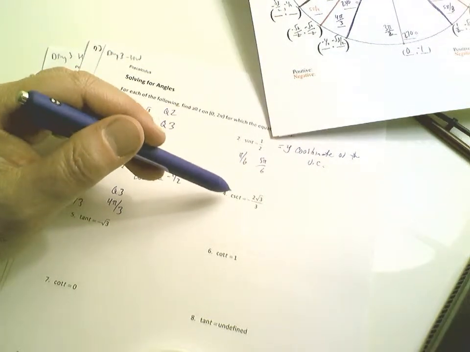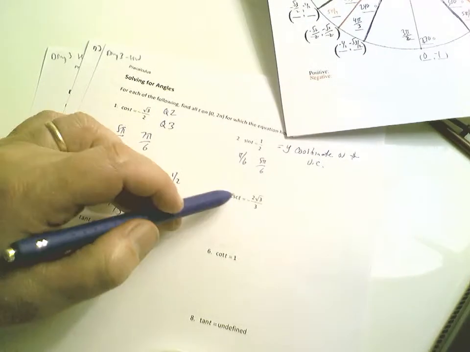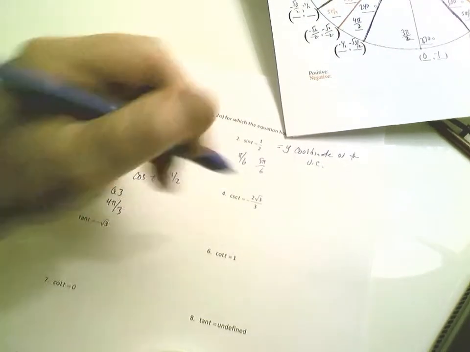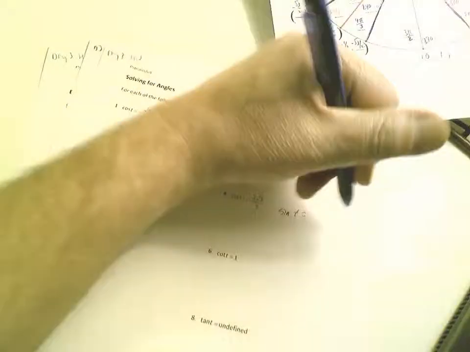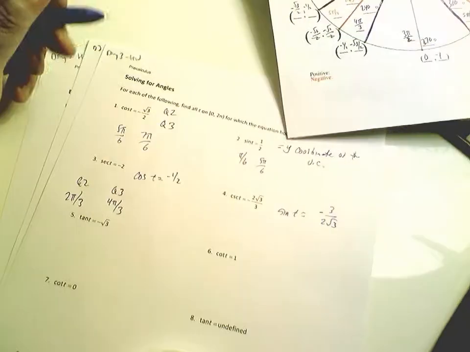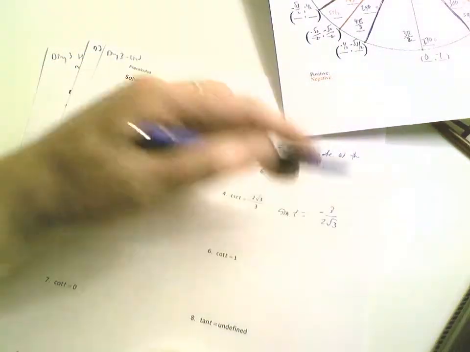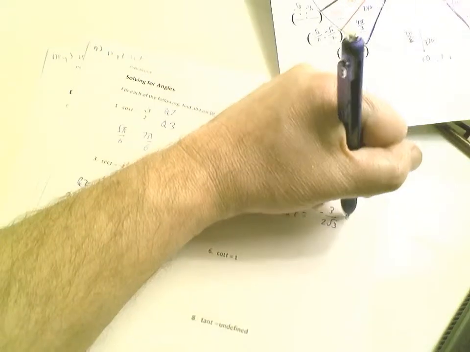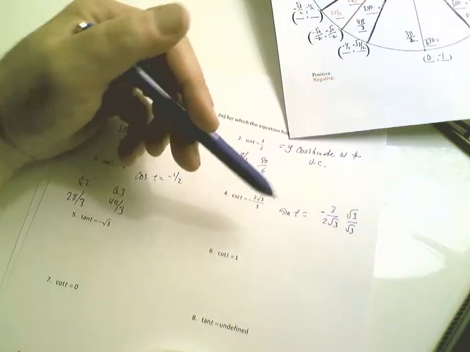Cosecant of t equals negative 2 root 3 over 3. That thing looks a little bit ugly, but what's the reciprocal of cosecant? Sine. I can say sine of t equals negative 3 over 2 root 3. Just kind of flip things. That doesn't look too friendly on the unit circle yet. Can we rationalize? We sure can. Let's multiply by root 3 over root 3. What will we walk back into?